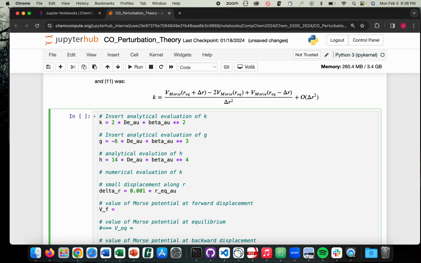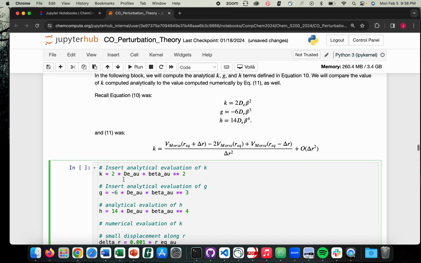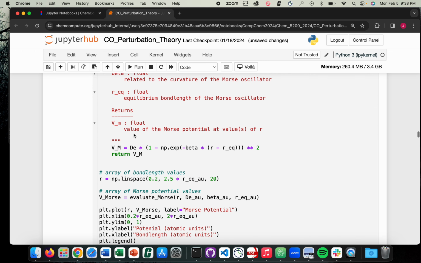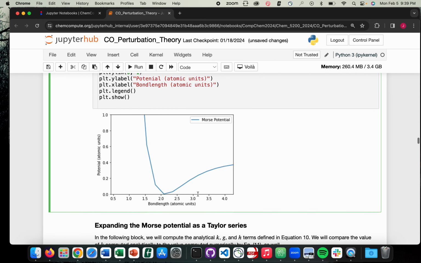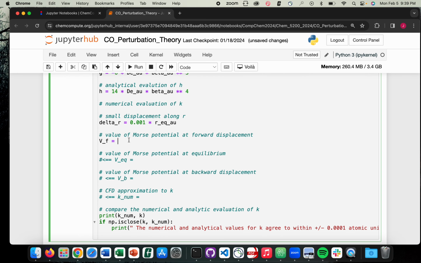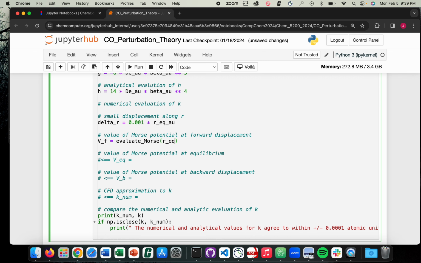And so how could I do that? Remember, I have a function that I just wrote. It's called evaluate Morse. I give it the Morse parameters dE, beta, and REQ, and I give it a value or values of R. So I'm going to use evaluate Morse, and I'm going to insert as the first argument R underscore EQ underscore AU plus delta R, right?